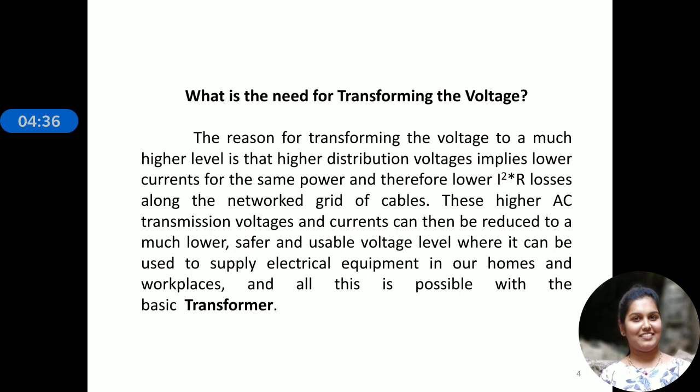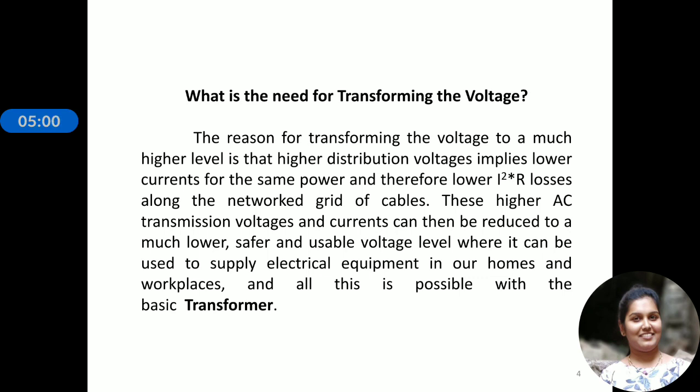We observe lower losses here, and these higher AC transmission voltages can be reduced to a much lower, safer and usable voltage level where they can be used to supply electrical equipment in our homes and workplaces.